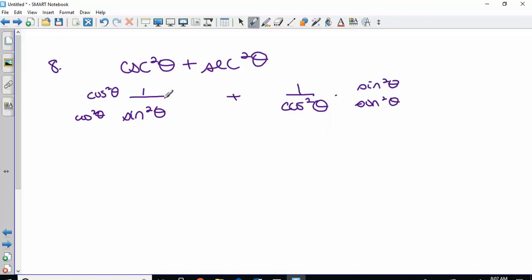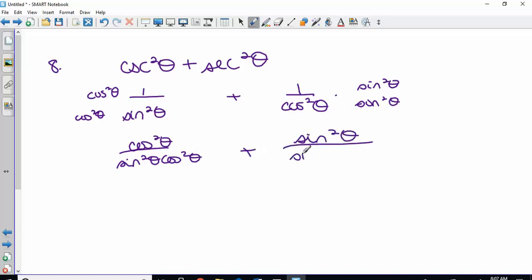So then cosine squared times 1 is cosine squared theta over sine squared theta cosine squared theta, plus sine squared theta over sine squared theta cosine squared theta.